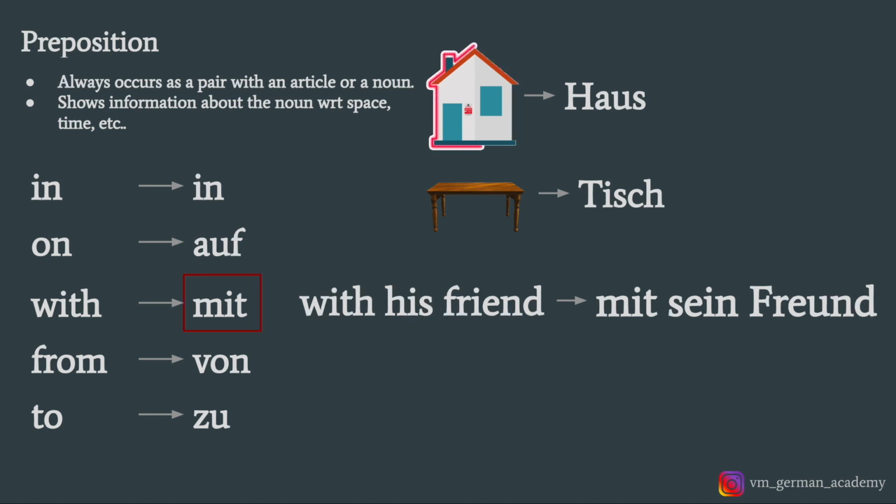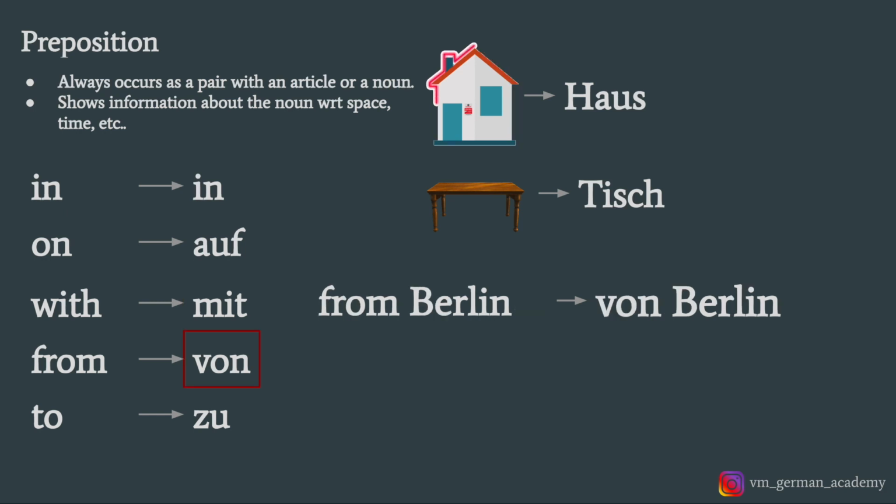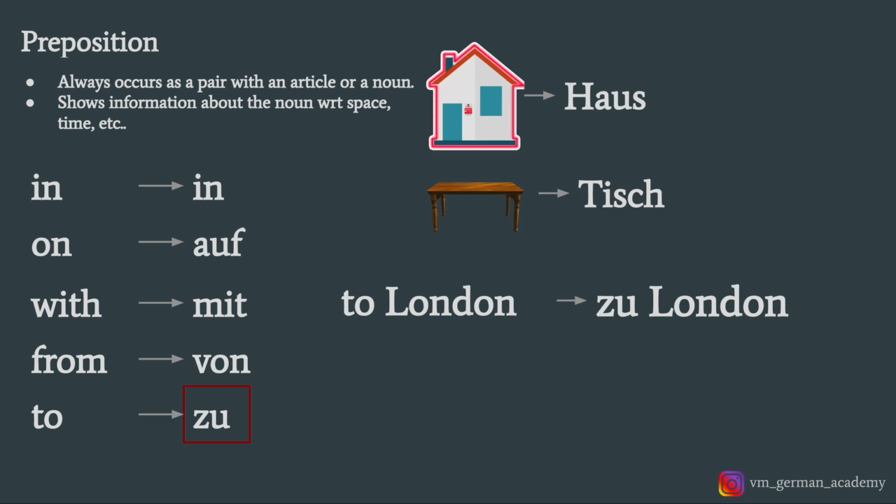Likewise, if you want to say with his friend, it would be mit sein Freund. Similarly, if you want to say from Berlin, it would be von Berlin. If you want to say to London, it would be zu London.